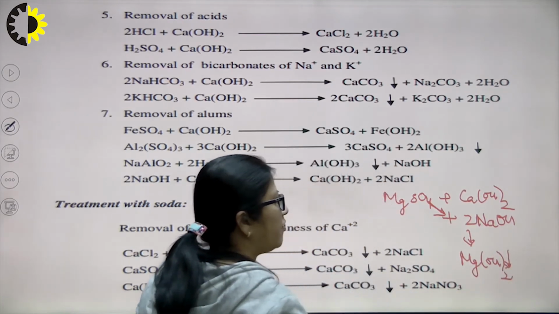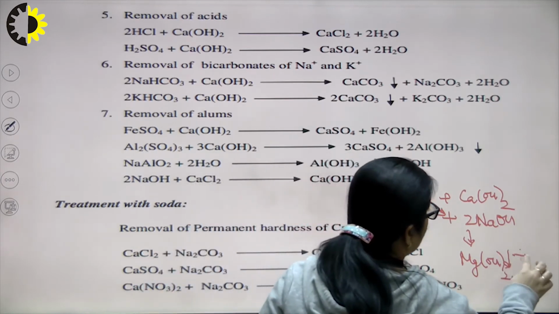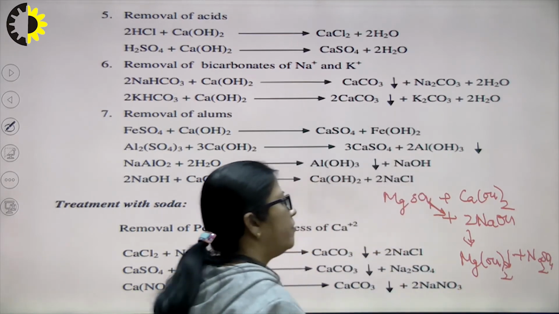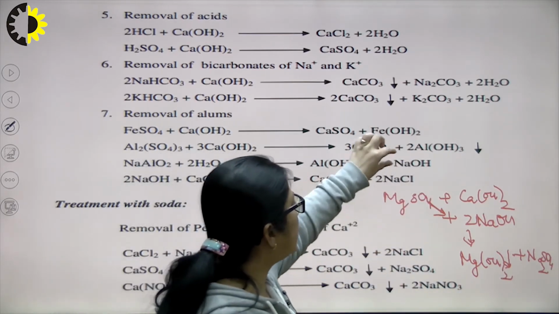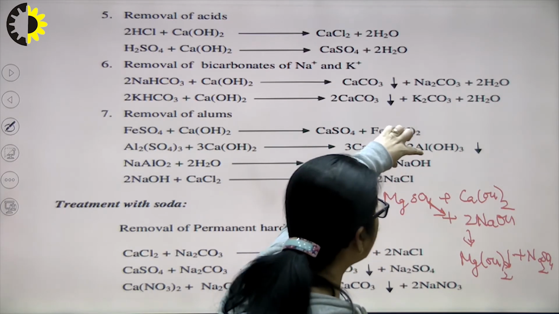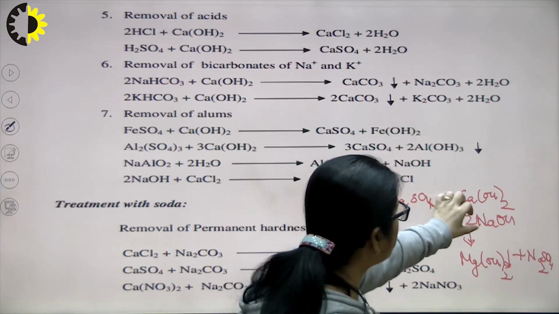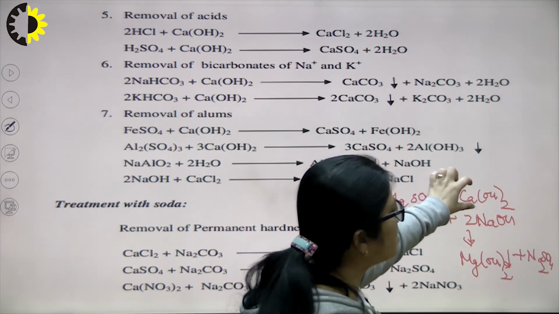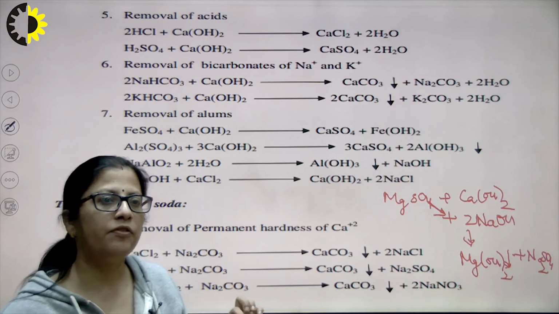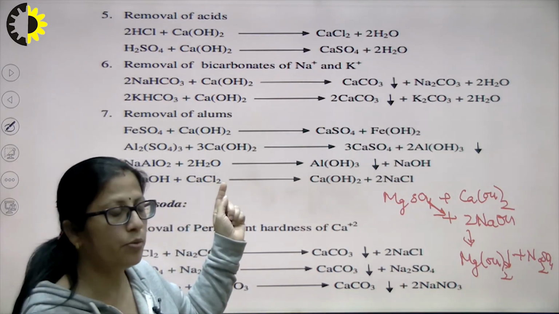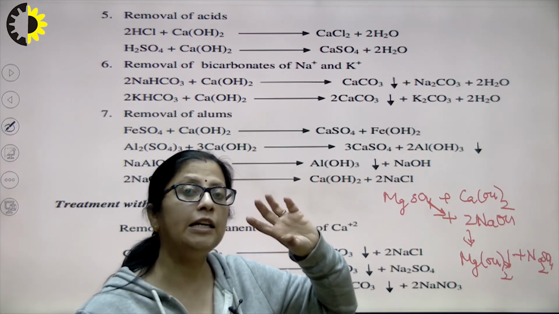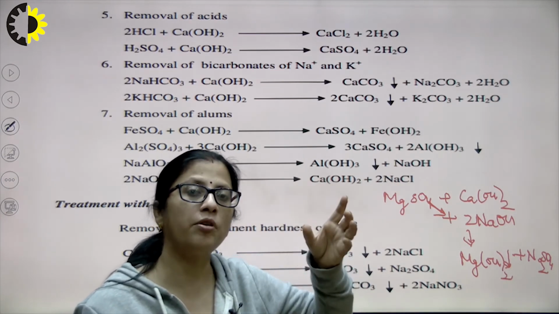formation of the precipitate of magnesium hydroxide and Na2SO4. So, here since NaOH is being produced as a product, NaOH is going to work similarly to lime. So, if sodium aluminate is present in water and it is producing NaOH, then I need not add an extra amount of lime.